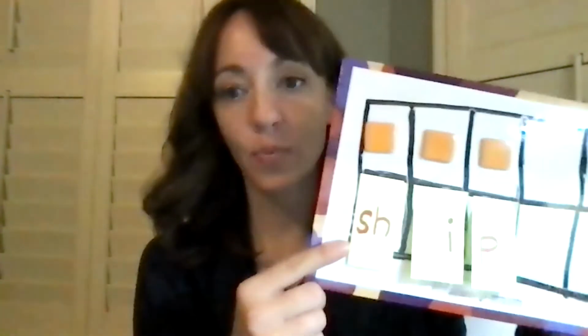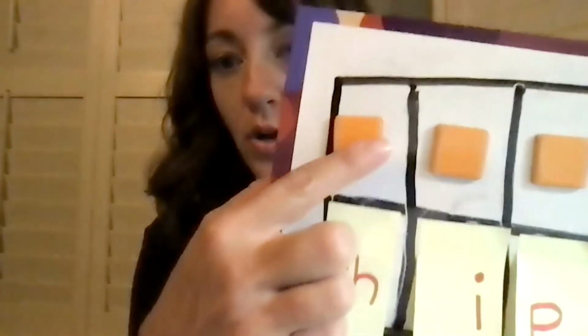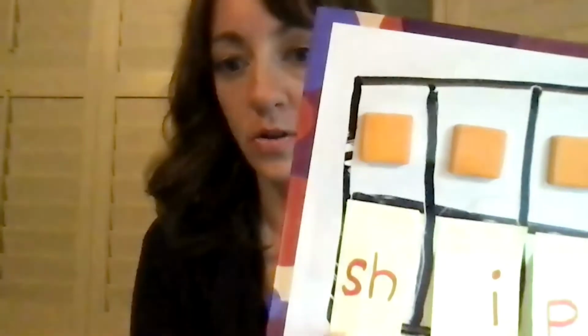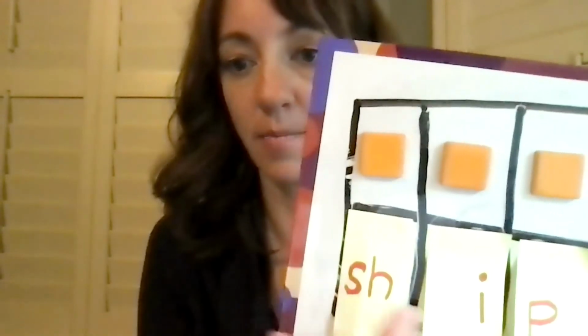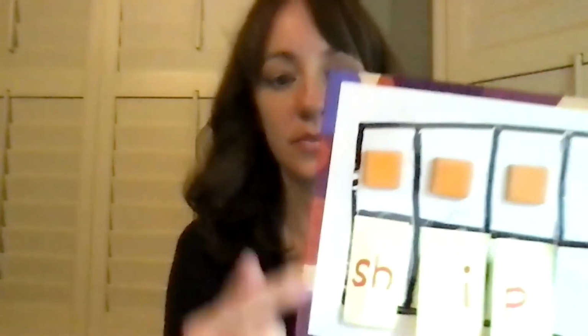The importance of having your materials ready. Sh. Ship. So what this is doing is correlating each sound to each graphing. So that's why we call it graphing it, is you're going to tap it. You're going to map each sound. Then you're going to put the grapheme or the letters that match each sound underneath it. So that's helping that connection in the brain, connecting those two processors.